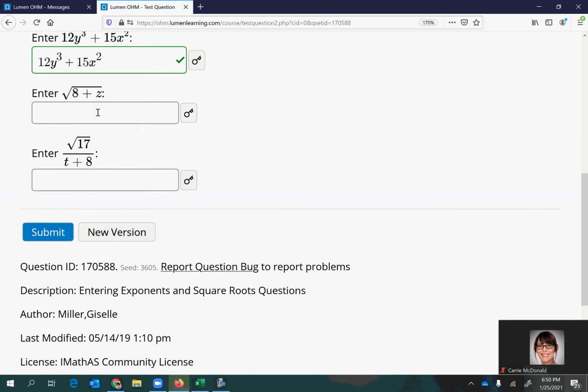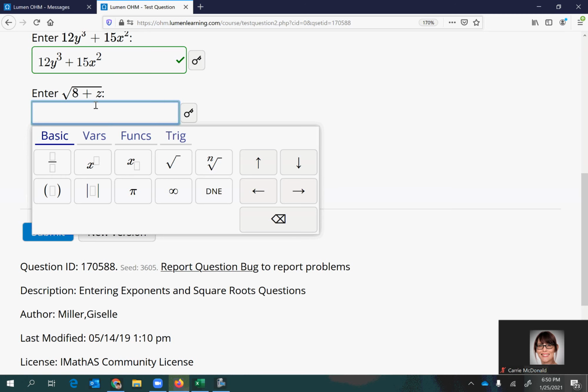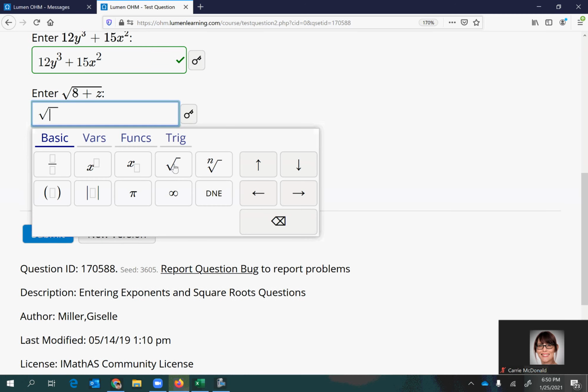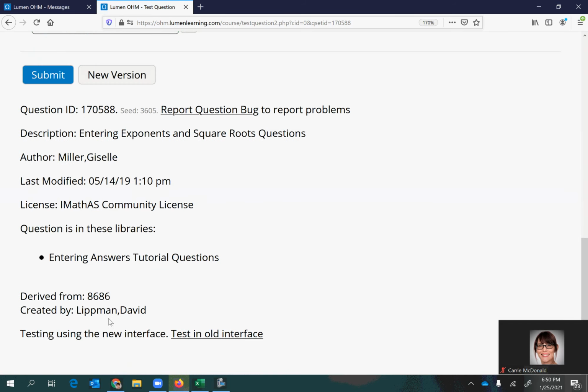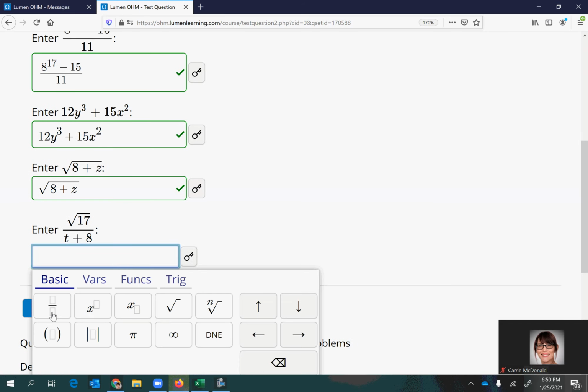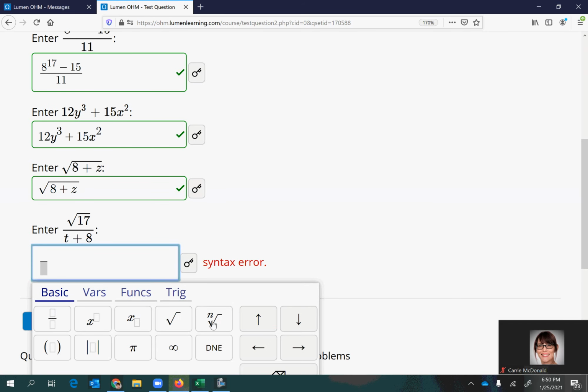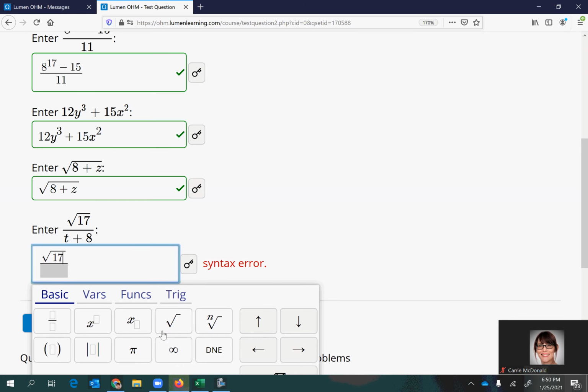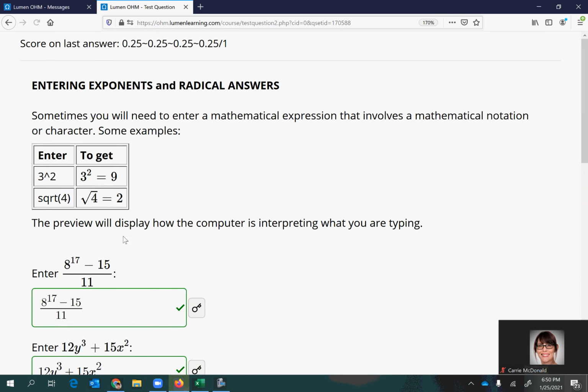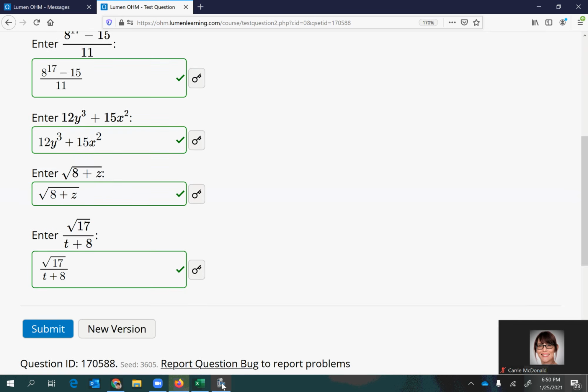All right, then we have the square root of 8 plus z. So I'm going to use my square root, then 8 plus z, and that's done. And finally, we're going to need a fraction again with a square root of 17 in the top, and in the bottom, t plus 8. All right, that question is finished.